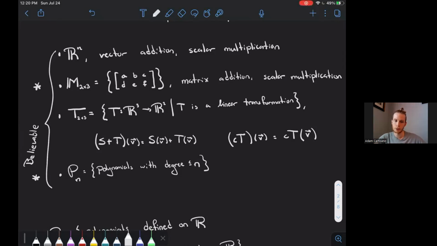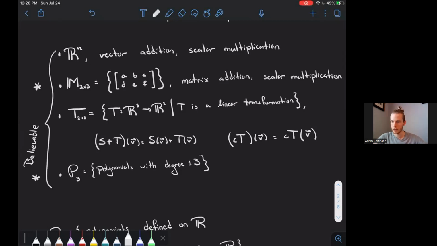And you should be comfortable with Pn. So the collection, maybe just do it for P4, say, or P3 even. Okay, P3. The collection of polynomials of degree less than or equal to 3 is a vector space where vector addition is polynomial addition and scalar multiplication is like scaling polynomials by a number.